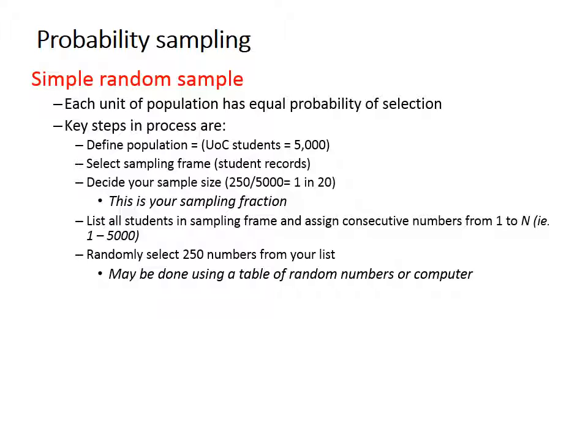Now it might be that you tear up bits of paper and put 5,000 into a bag and pull out 250, or you can get computer programs where if you put in the range 1 to 5,000 and the number you want, in this case 250, it will pull out 250 numbers randomly using an algorithm.